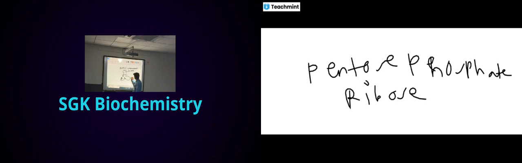So one may call this pathway either HMP shunt, HMP pathway or pentose phosphate pathway. Both the names for the same pathway. Hexose monophosphate pathway depending upon the involvement of the 6 carbon sugar glucose, and pentose phosphate pathway due to formation of the 5 carbon sugar ribose. So this is about why the name is given HMP pathway or HMP shunt or pentose phosphate pathway.